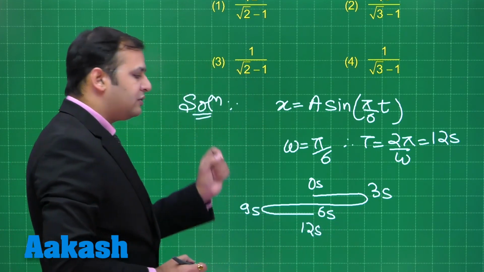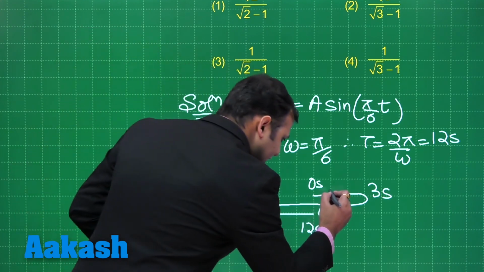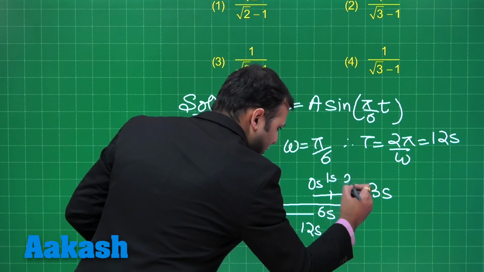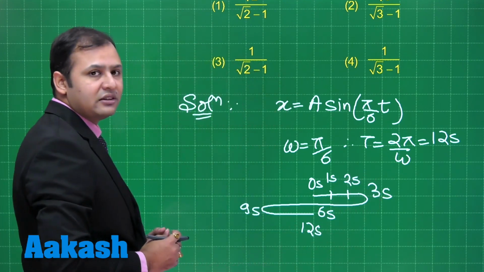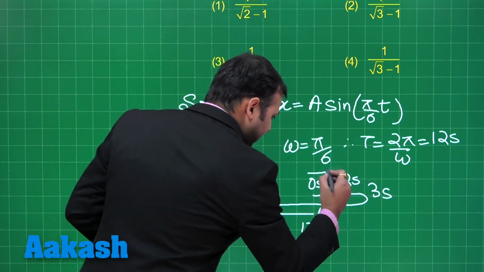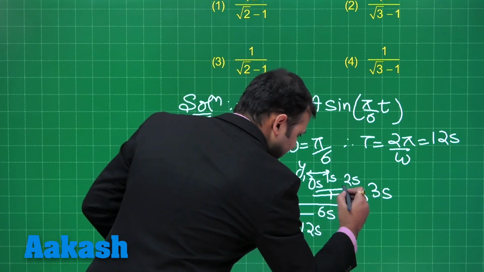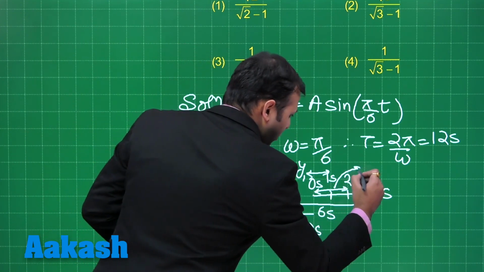So when you talk about the first second and the second second, definitely this would be somewhat where it would be at the first second, and this somewhere here at the second second, right? Now let's take this value as y1 and this distance here as y2.